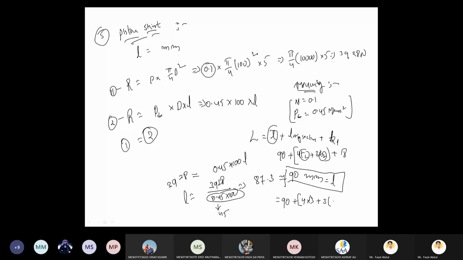Now what is the total length of the piston? Add this: 90 plus 4 into 3, 12, plus 9, that is 21. 90 plus 20, 110, 111 plus 18, that is 129. So I am taking a round figure, that is 130 mm. This is the total length of the piston.